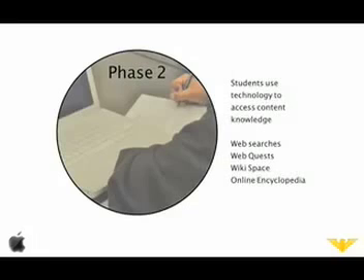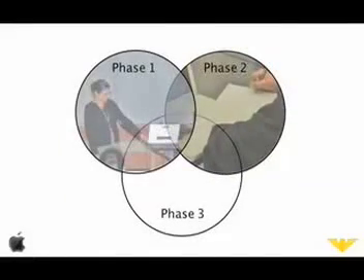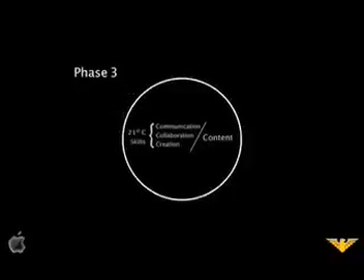Phase 3 integration is quite a bit different, and it is in many ways a little bit more advanced because it requires a bit of a paradigm shift in terms of what happens in a typical classroom. Whereas phase 1 and phase 2 are often ways to take technology and infuse it into more traditional lessons, phase 3 really begins to change the way teachers teach.